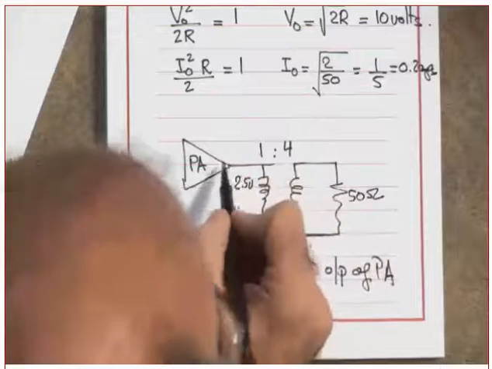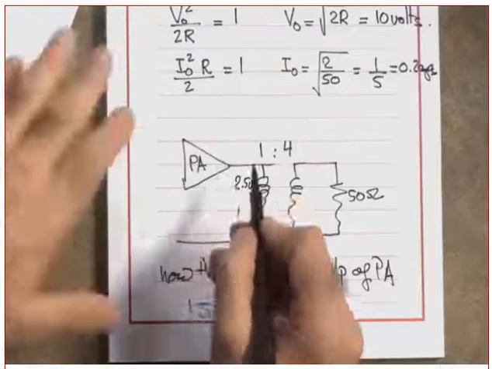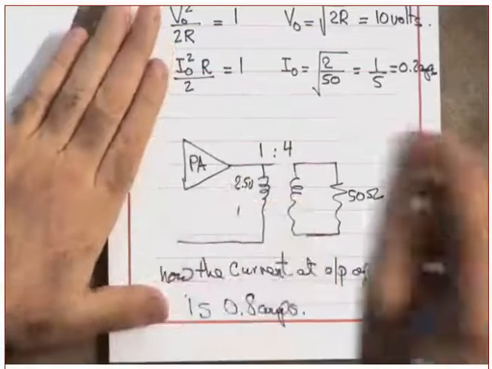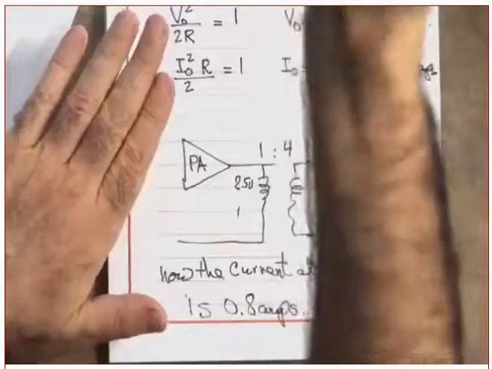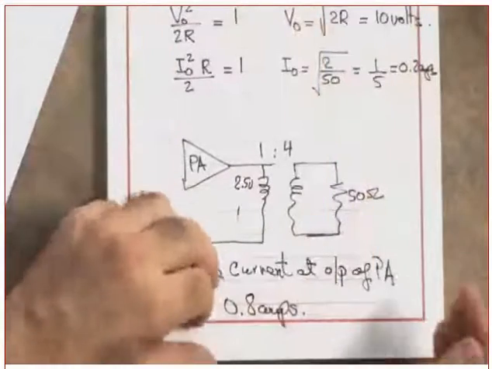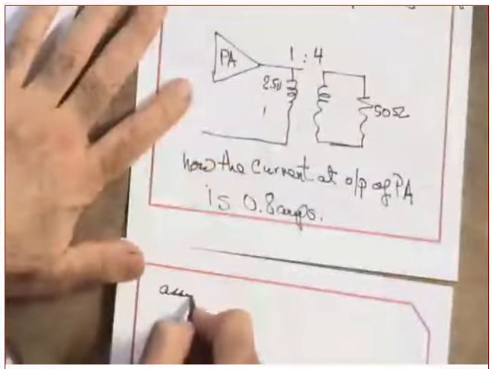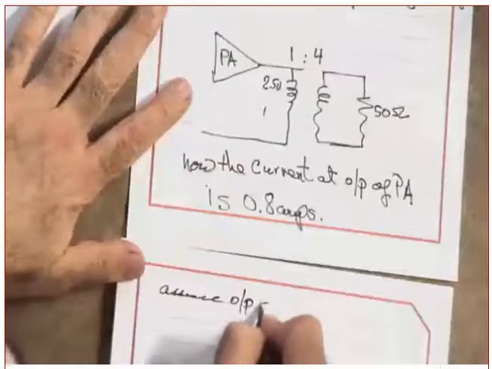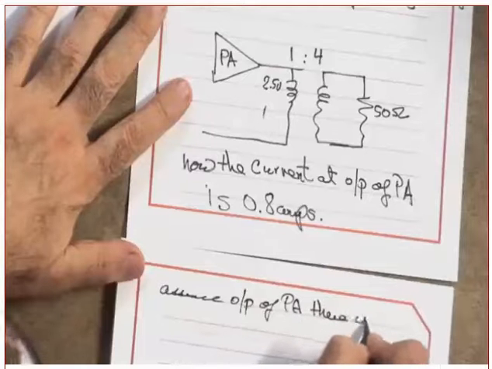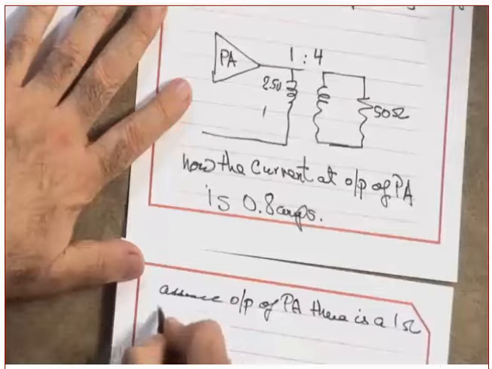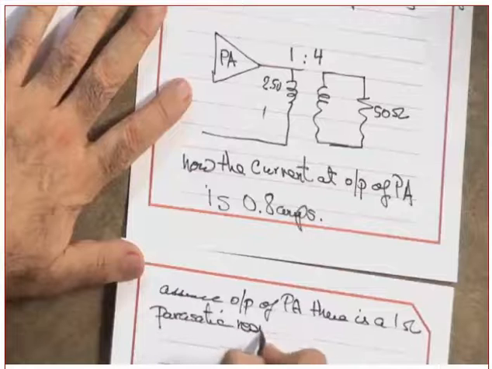Let's see. At the output of the power amplifier, just an example, let's assume that there is a parasitic resistance, a very small resistance, 1 ohm. Are you following me or not? So let's assume at the output of the power amplifier there is a 1 ohm parasitic resistor.